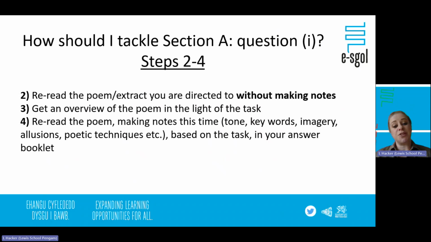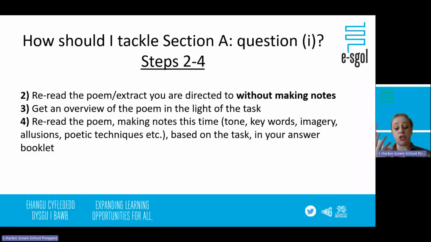Okay, so get an overview then, step 3, of the poem in light of the task. Just constantly remind yourself, what is it I'm meant to be looking at? Okay, so in this case, Donne's use of imagery in the specific poem. And then you're going to want to reread the poem again, this time highlighting and making notes.